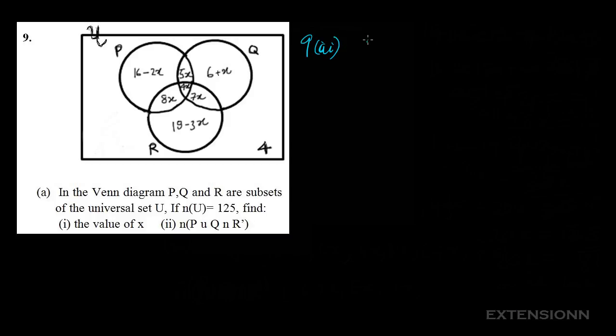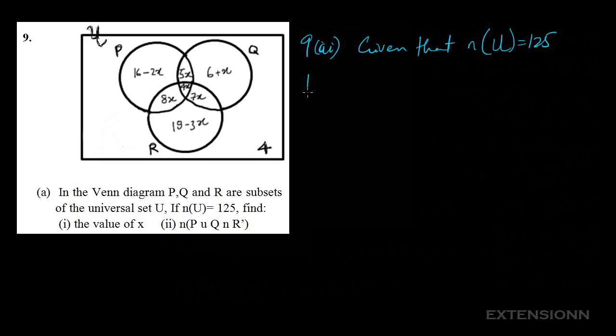To find the value of x, we could just say, given that the total number of the elements of the universal set, that's U, equals 125, we'll sum up all the elements of the subsets P, Q, R, plus 4, and equate all that to 125.